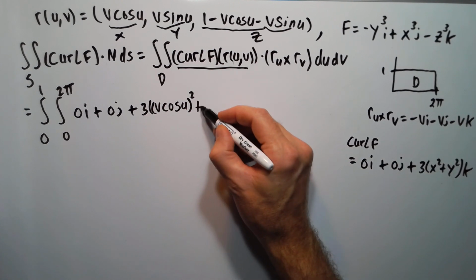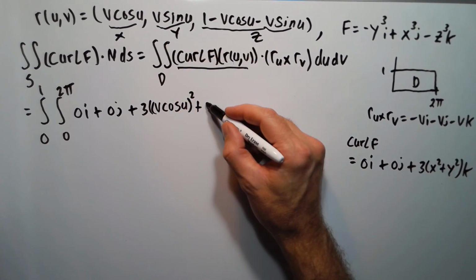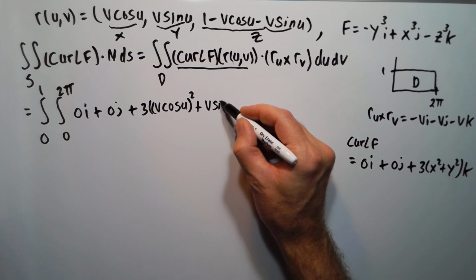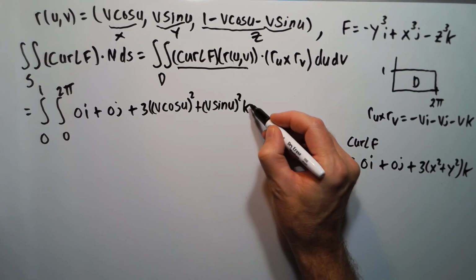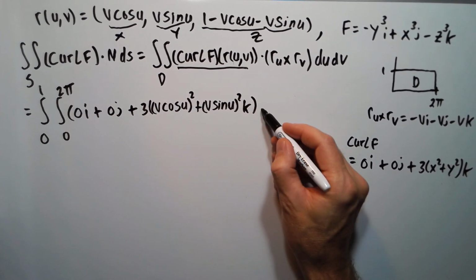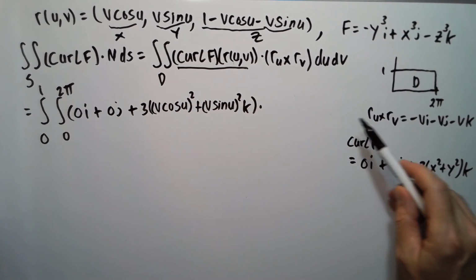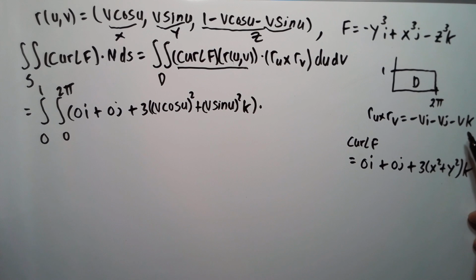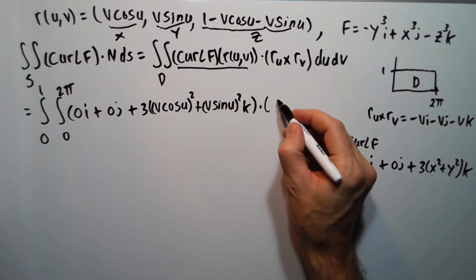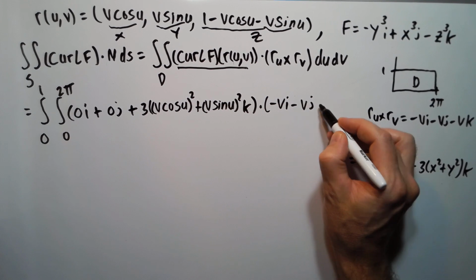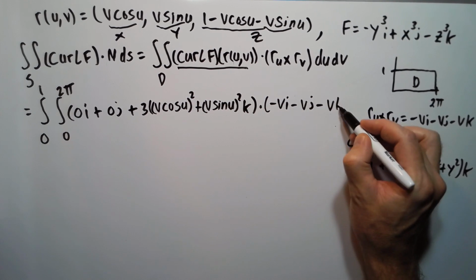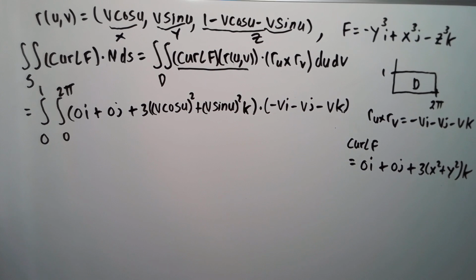So plus y is v sine u, so it'll be v sine u squared k, dotted with our r_u cross r_v, which is right here. So it'll be dotted with minus v i minus v j minus v k.